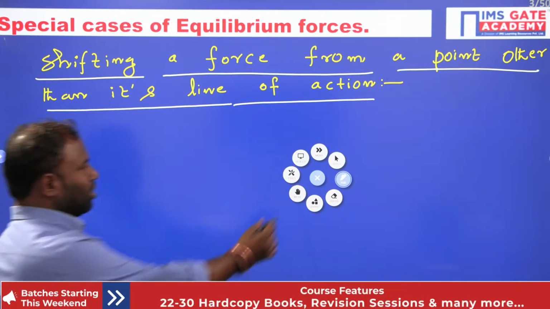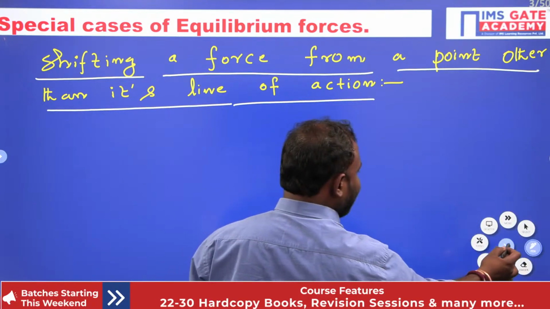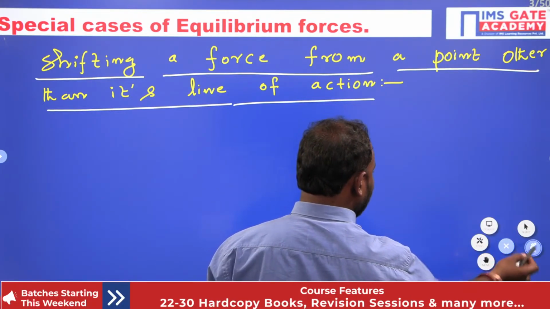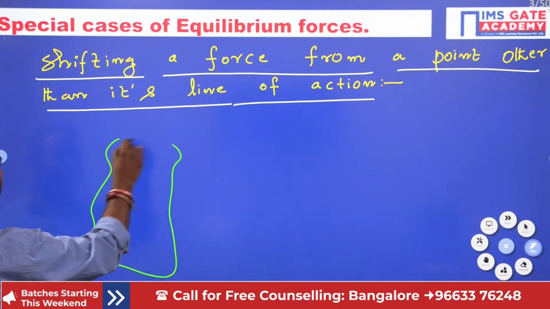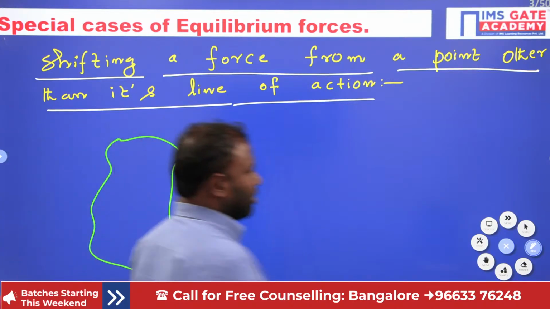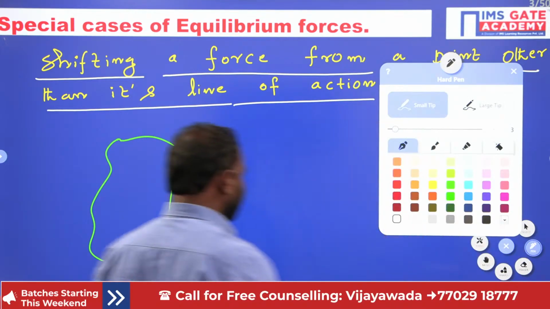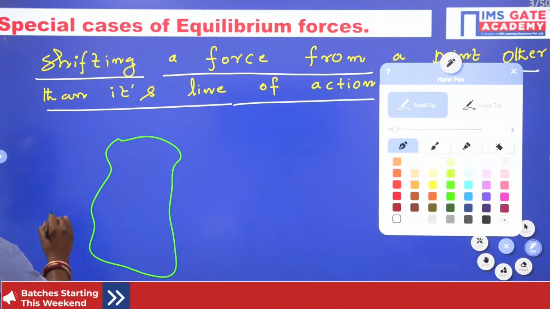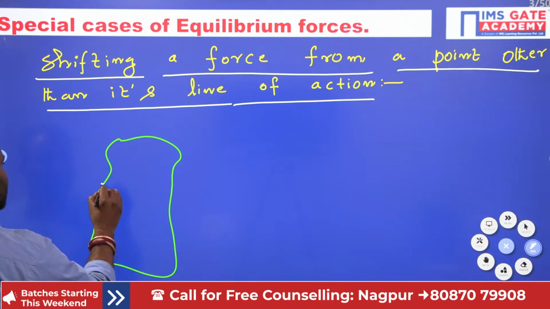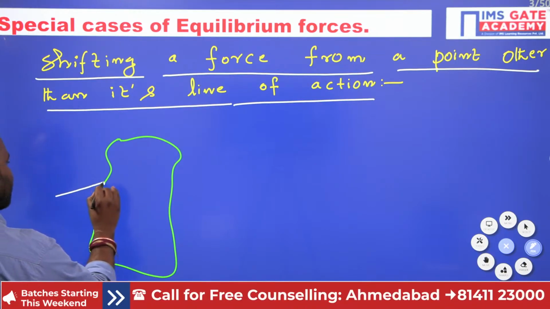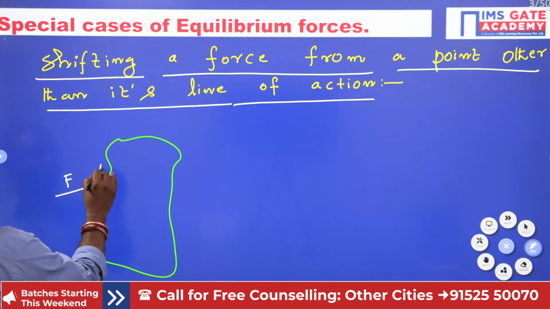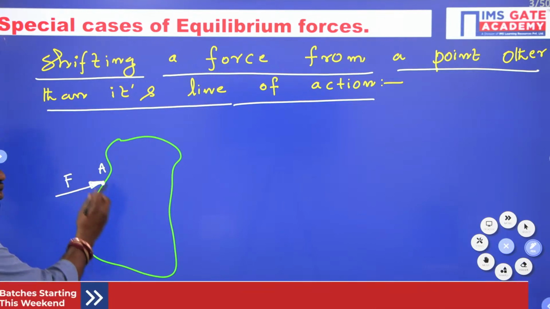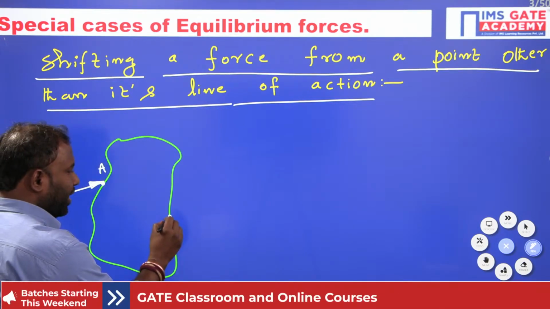I am taking one body, and on this body a force is going to act. Suppose the force F acts here, and its point of contact is A. Now I want to shift this force to point B on the body.